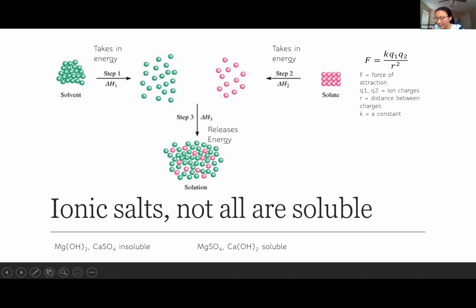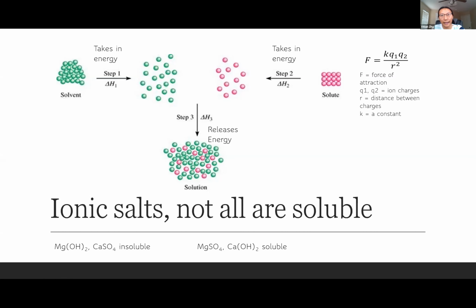Another interesting fact about group 2 elements is that not all of them are soluble. So in contrast to group 1 elements, we learned that their salts, group 1 salts, are pretty much almost always soluble, but that's not the case in group 2. And let me explain to you how dissolving works. So the first step that has to happen is that the solvent, like your water, the water particles have to separate from each other.